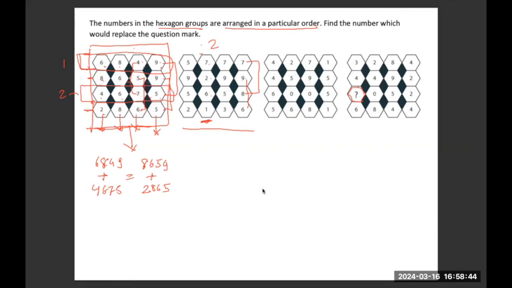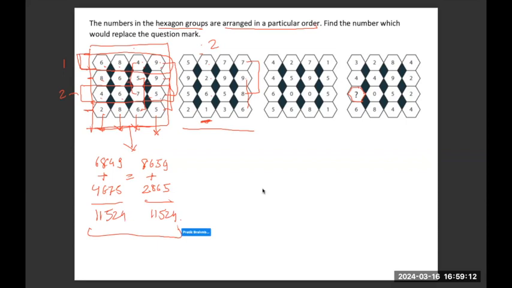When you add both of them up, each equals 11524. So this is getting satisfied.